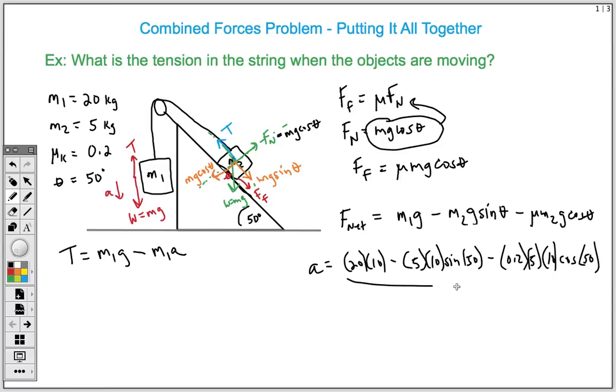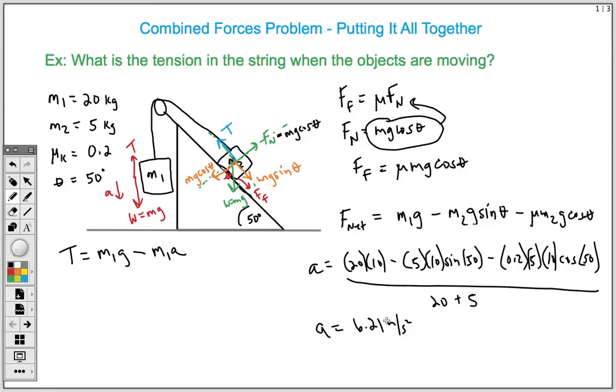All of that divided by both masses since they are connected. So 20 plus 5. When we plug all this in, our acceleration comes out to be 6.21 meters per second squared.